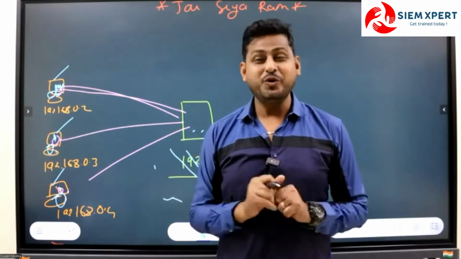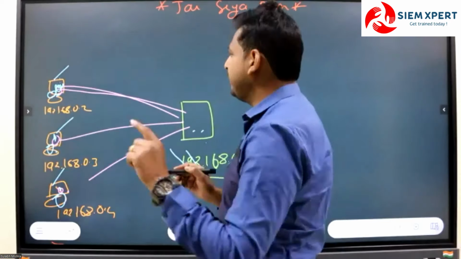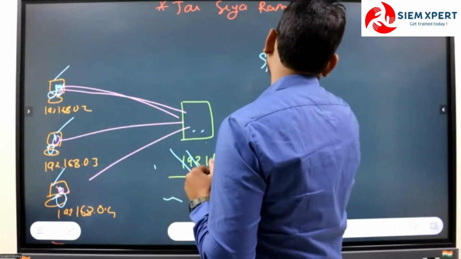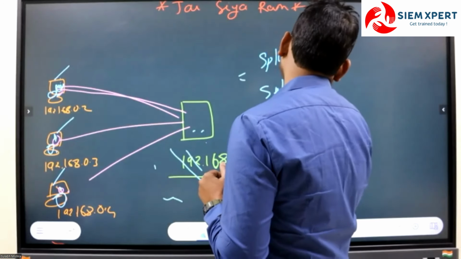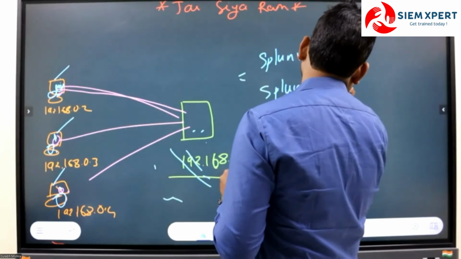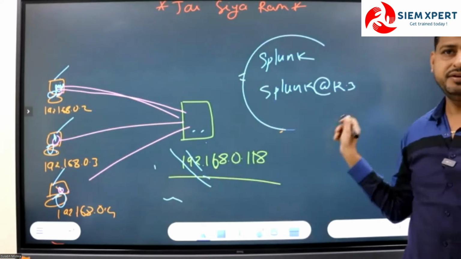So what if we create a domain account? For example, one account you create, Splunk, with the password, just as an example, Splunk@123.